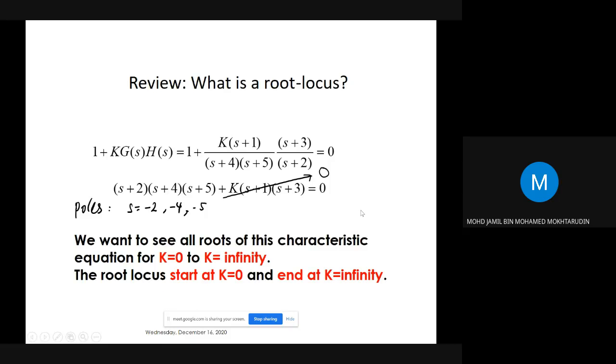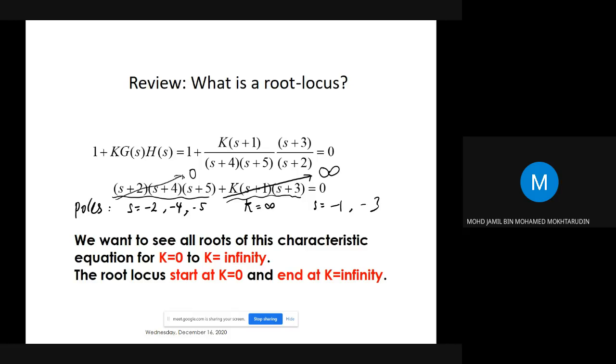When k equals infinity, s equals -1 and -3, because the contribution of this part is bigger compared to this, so this you can theoretically ignore.